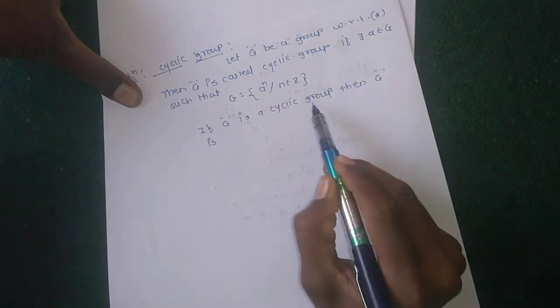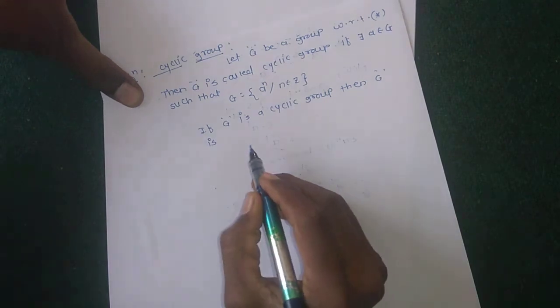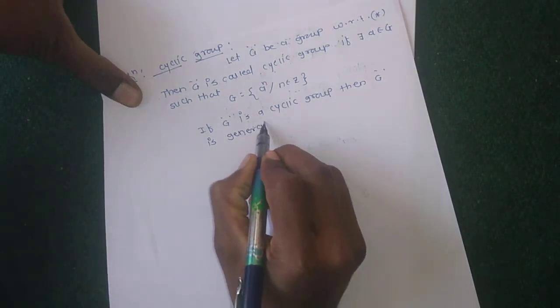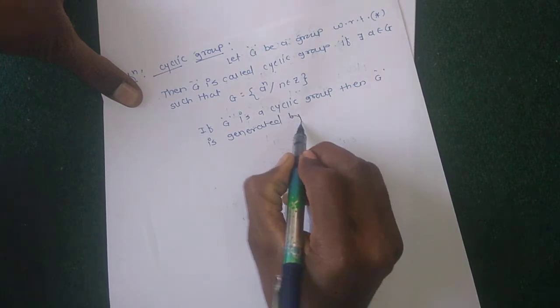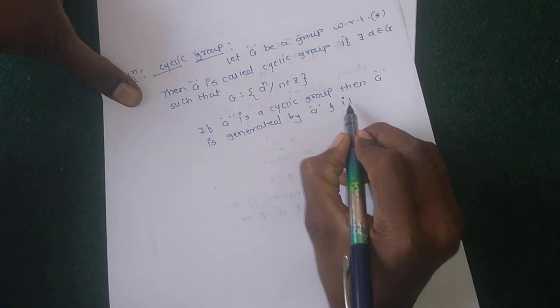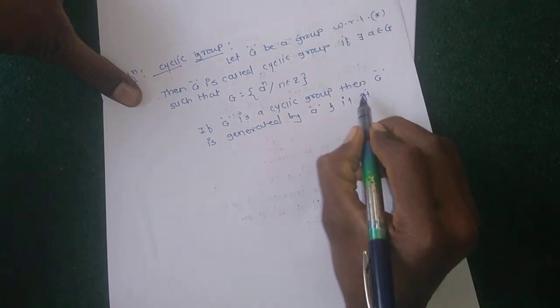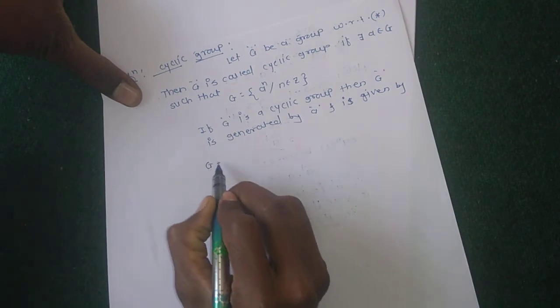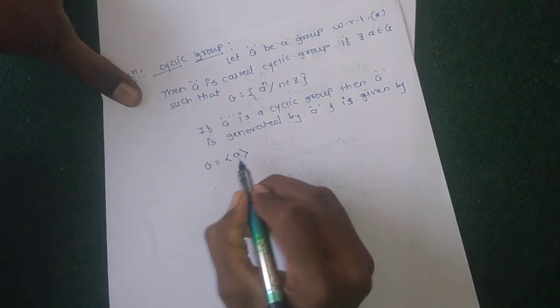And if G is a cyclic group, then G is generated by a, and it is given by G equals the symbol of generated by a.